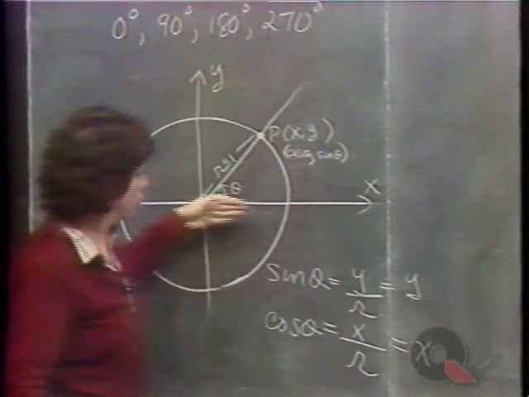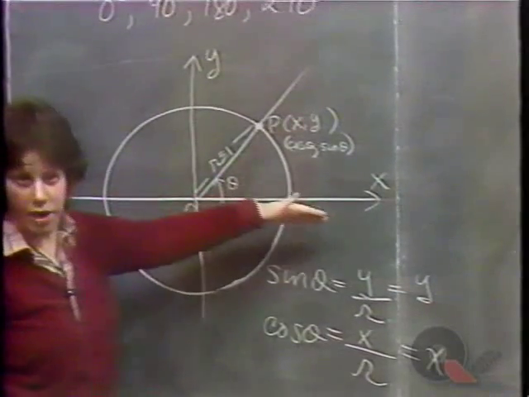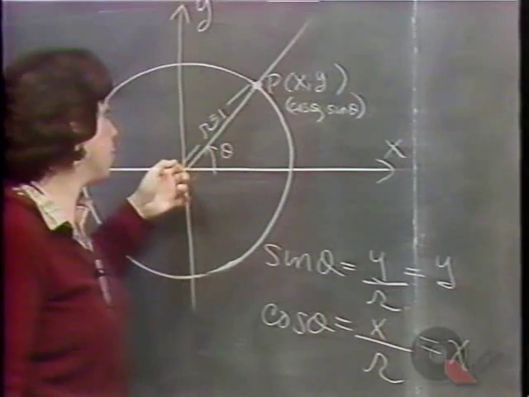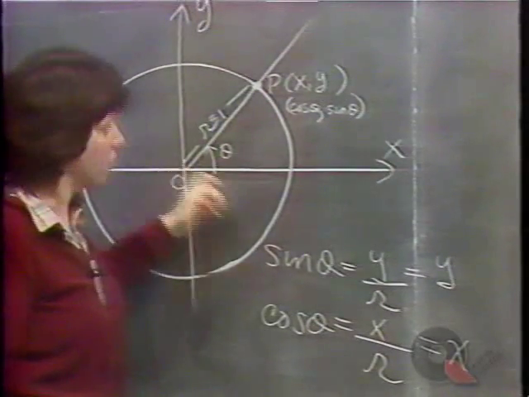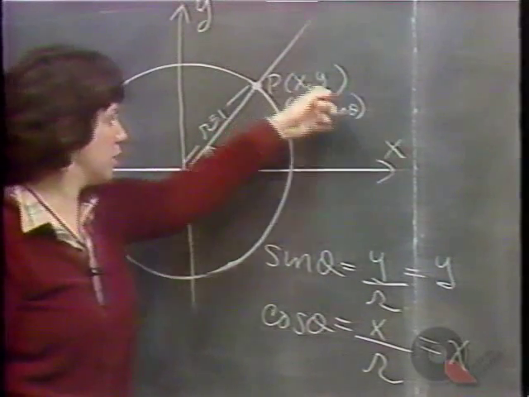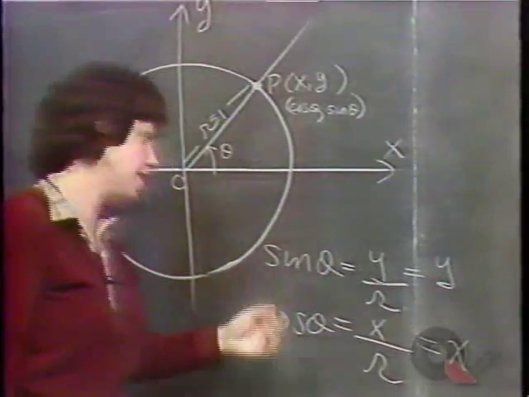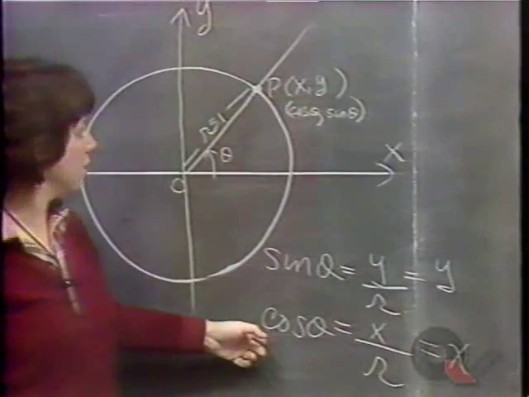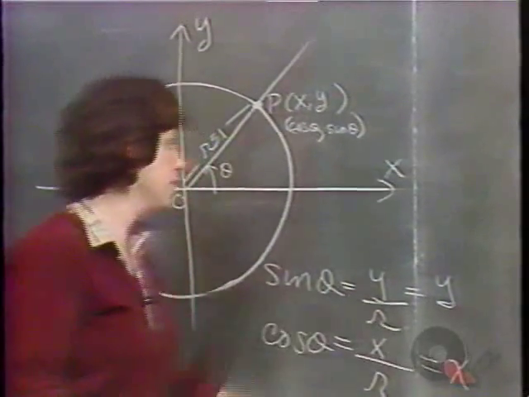In other words, we could have any angle theta. P is a point on the terminal side of the angle chosen to be 1 unit away from the origin. The coordinates of point P are x comma y. But from here we see that if r is equal to 1, x is equal to cosine theta and y is equal to sine theta.